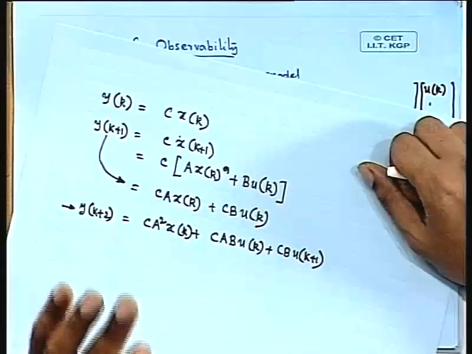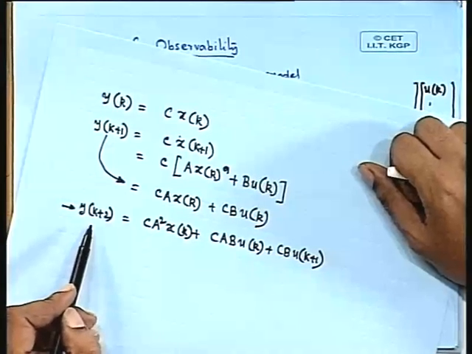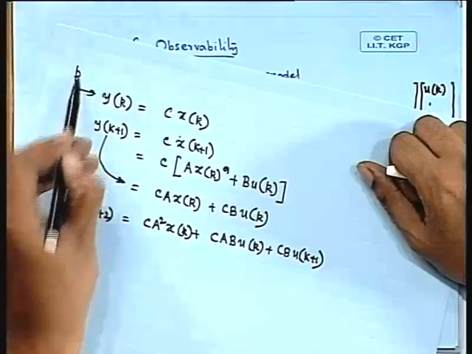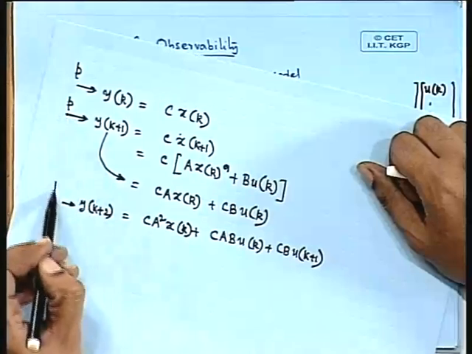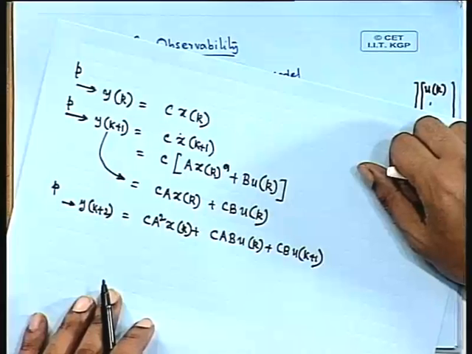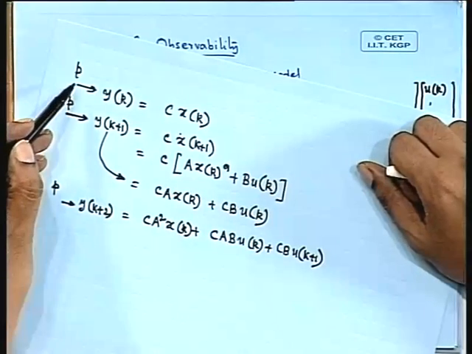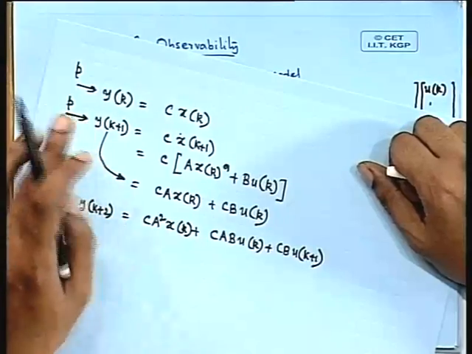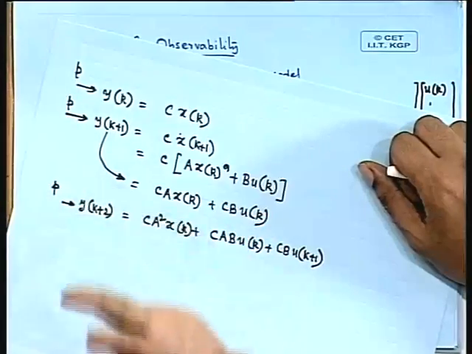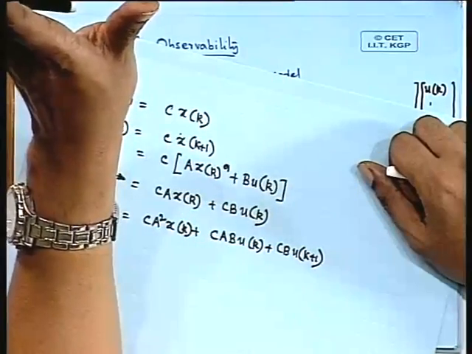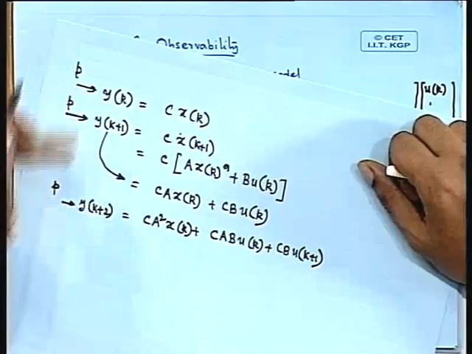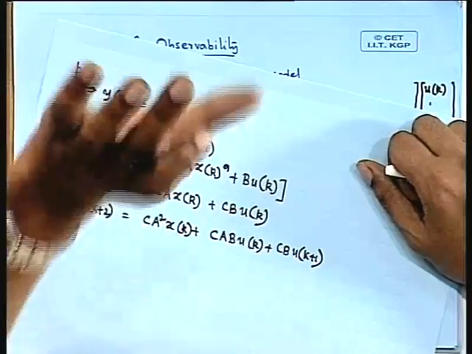Now there is something. This is not exactly a third equation. Ideally speaking, if you have a multi-input, multi-output system, then this is p equations, this is p equations, this is p equations, because y could be a p dimensional vector. If it is a single input, single output, then it is one equation each, and you need n. All you need are n independent equations. So how many of these equations you will consider depends on how many of them you need to get a set of n.